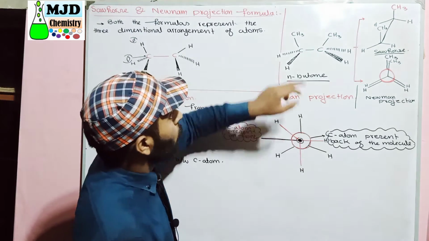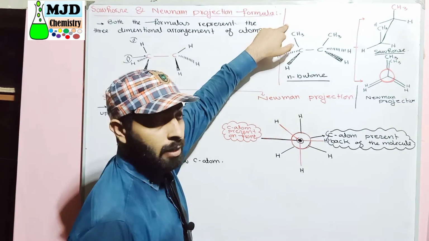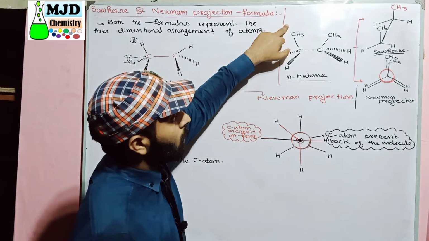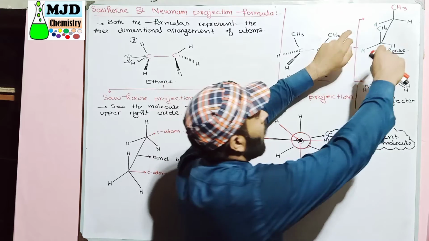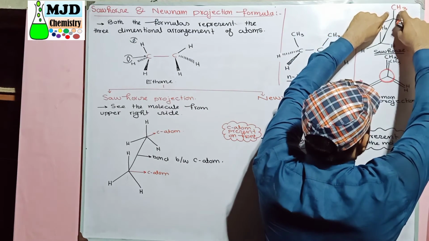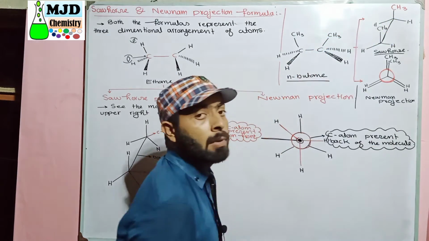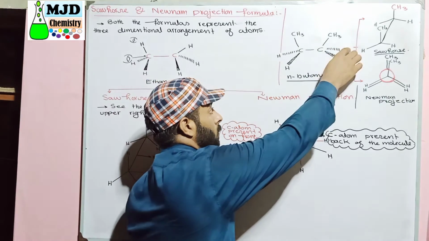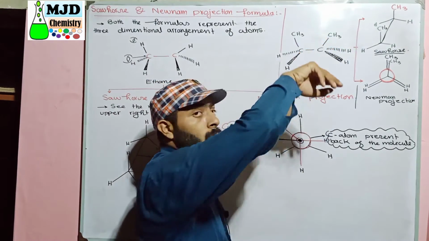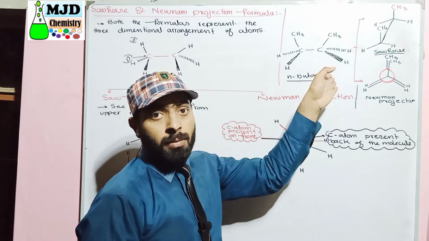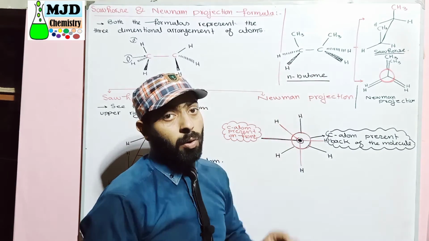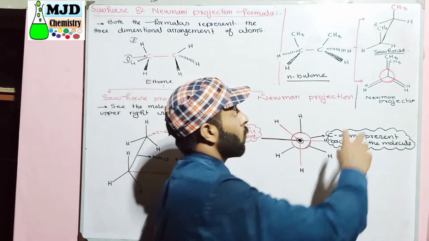Here we observe from the top right side. When we observe the molecule, this CH3 group is present above. And here we write the CH3 above. And 2 hydrogen atoms: one is coming towards you and the dash structure is behind the whiteboard or away from you.